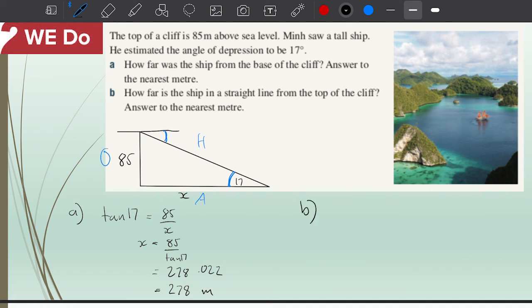Now, in part B, we're also asked to find the distance in a straight line from the top of the cliff to the ship. So now we're looking for our hypotenuse. We could either use adjacent and hypotenuse and cos, because we know what x is now, but because x is a really messy decimal, I think it's better to use sine and use opposite over hypotenuse. Because we know what the opposite is, and it's a whole number.